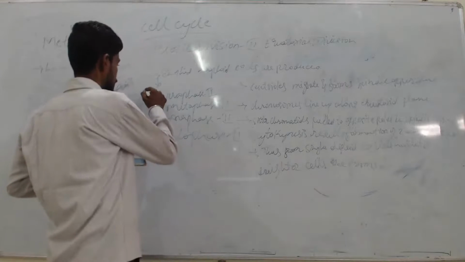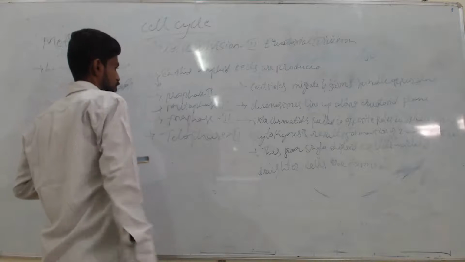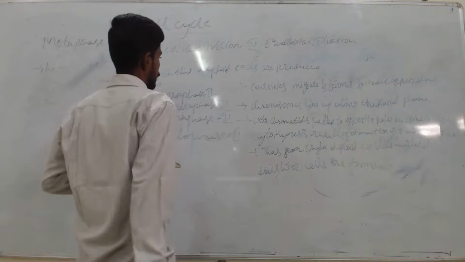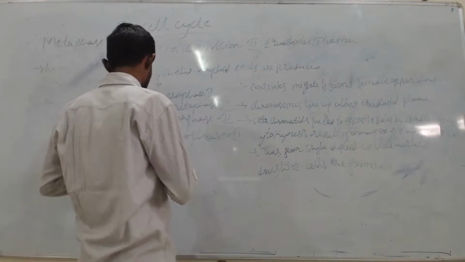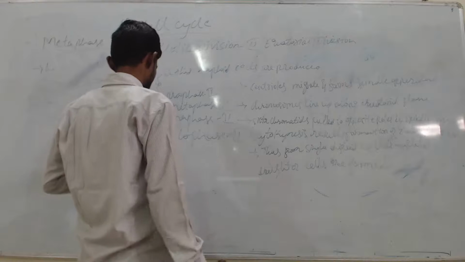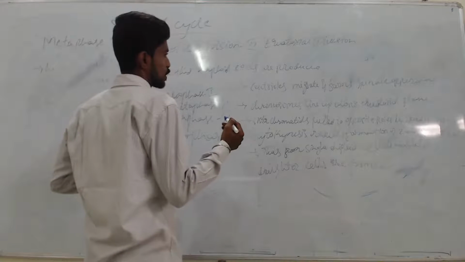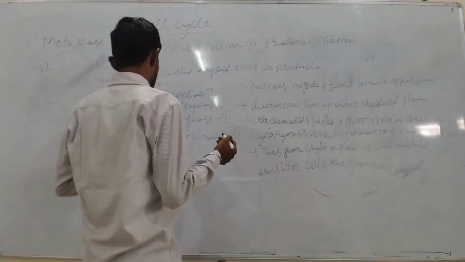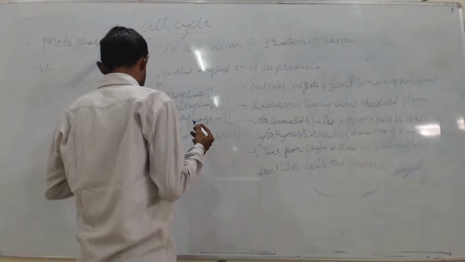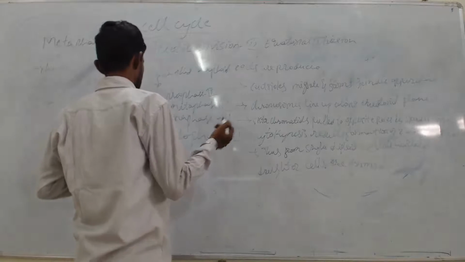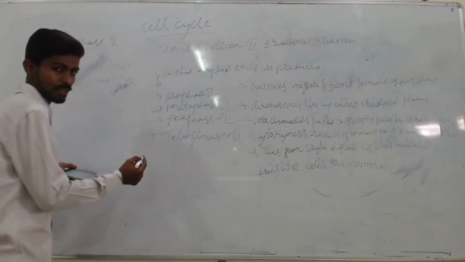In meiotic cell division 2, the first phase is prophase 2. In this prophase 2, the centrioles migrate towards the opposite poles and the spindle apparatus is formed.